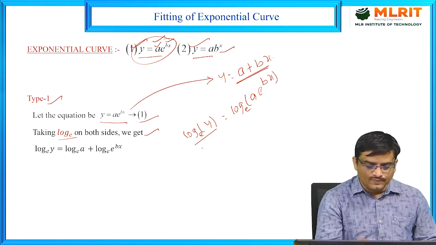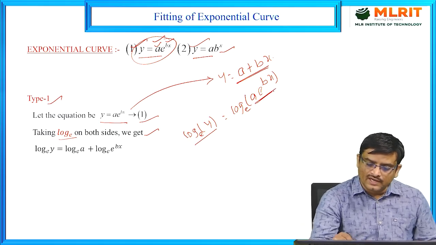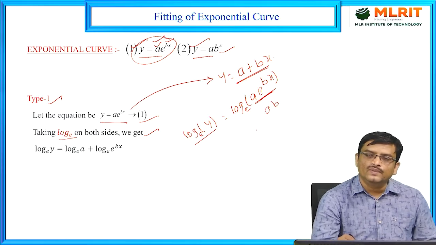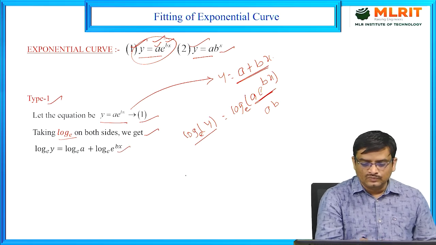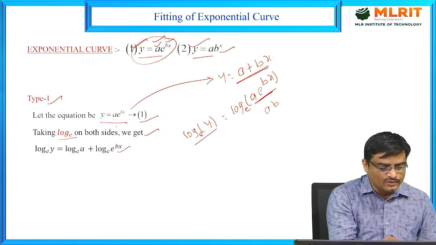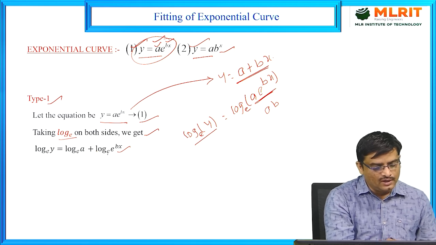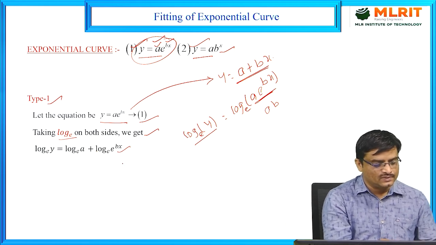Once you observe the RHS part, that is in the form of a into b, log of ab can be written as log a plus log b. Applying this procedure, log a to the base e plus the second term, that is log e power bx.